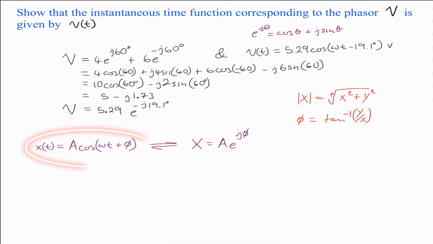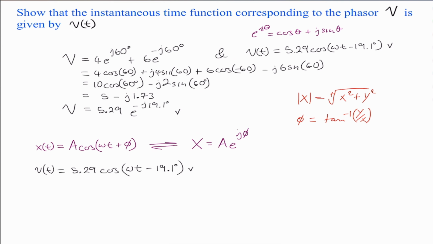We can then convert that back to the time domain, and we end up with an amplitude of 5.29 times cosine. We don't have any angular frequency given, so we just place our omega t, and we have a negative angle of 19.1 degrees. x of t is then v of t, because that was in volts.